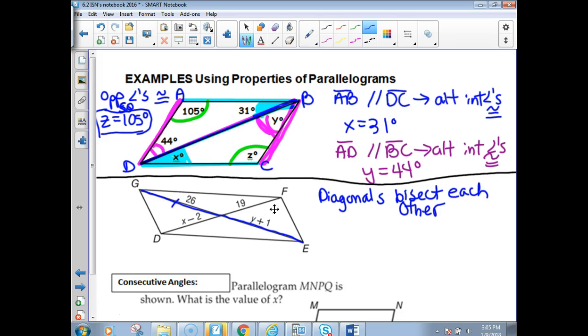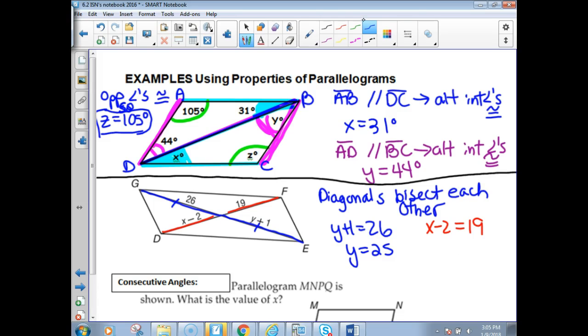And since the diagonals bisect each other, y plus 1 equals 26, and going the other way, x minus 2 equals 19. So to finish solving them, subtract 1 and you get y is 25.